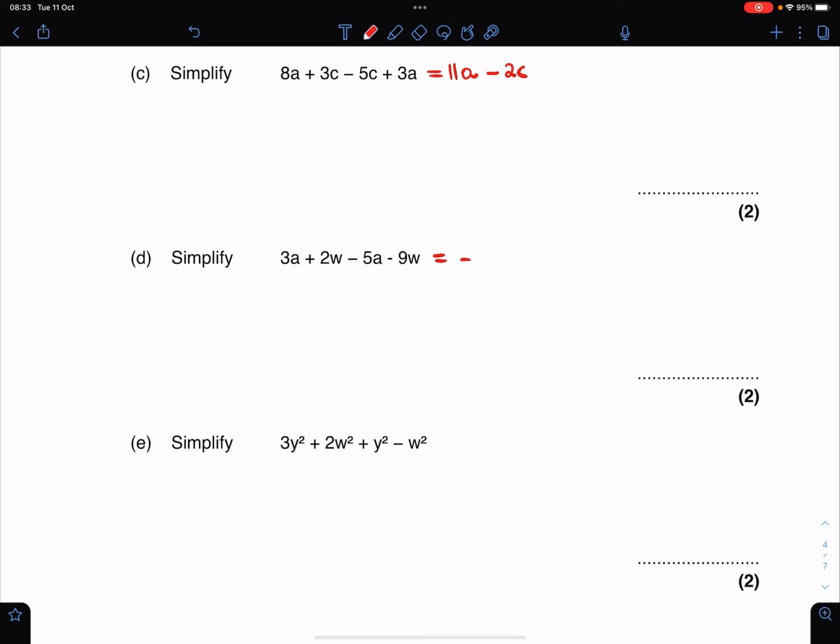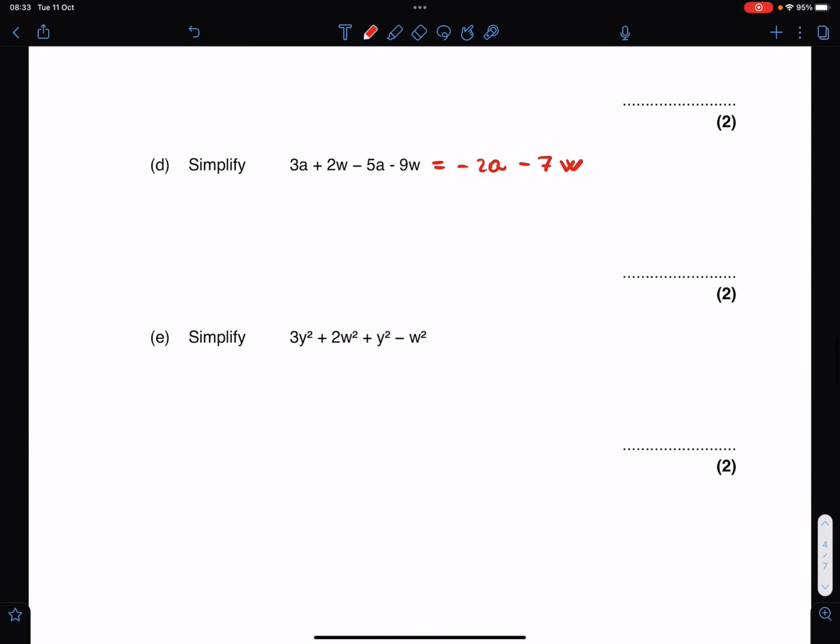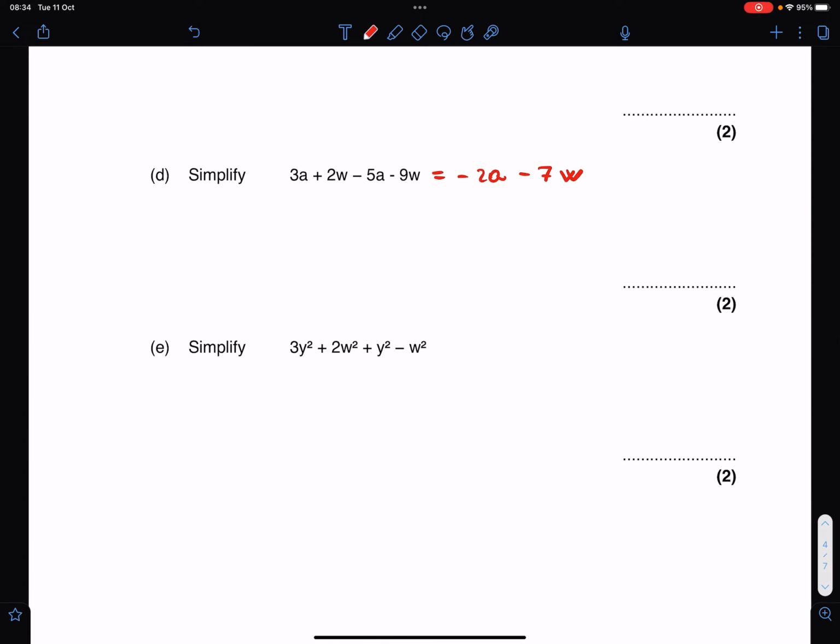Perfect. Negative 2a. So 2w minus 9w, minus or positive or negative 7? Negative 7w. So guys, as you can see, on question E we have powers as well. Don't get confused, because when we are adding them, we're not going to add the power.